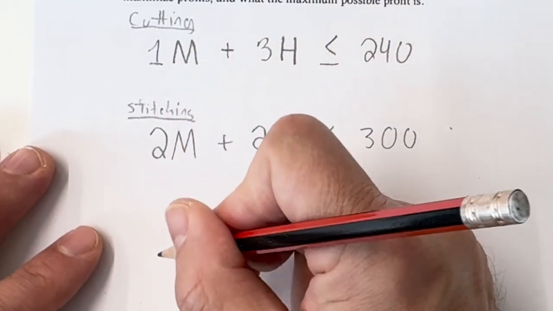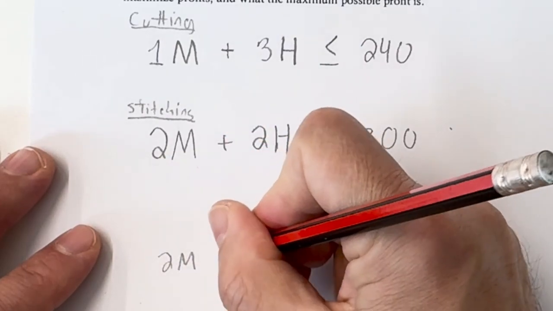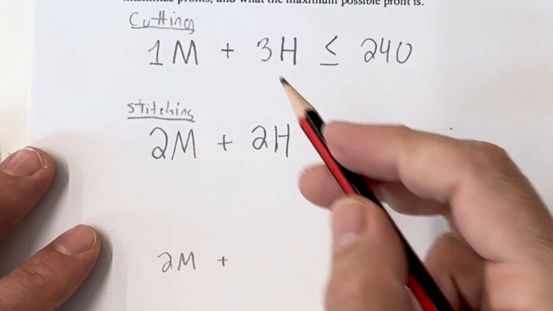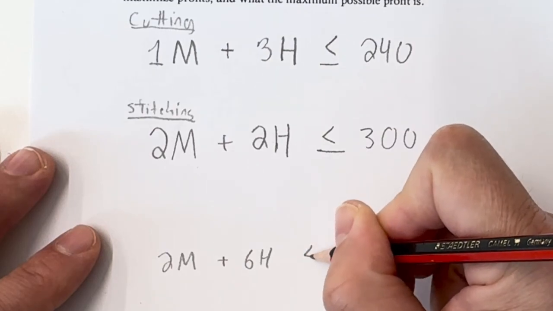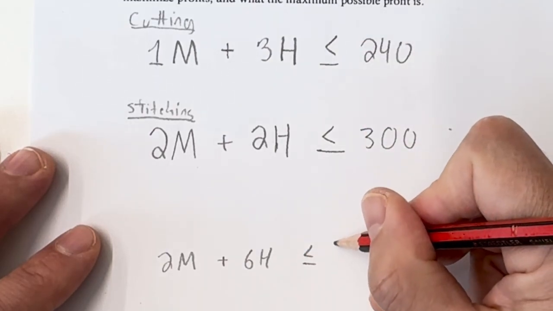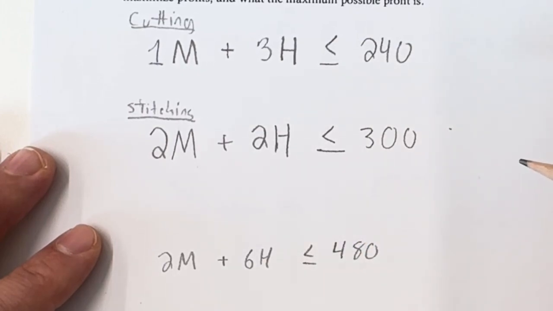So 1 times 2, I get 2m. This is my cutting equation, but I'm just multiplying everything by 2. 3 times 2 would be 6h, and this would be 480. Okay?